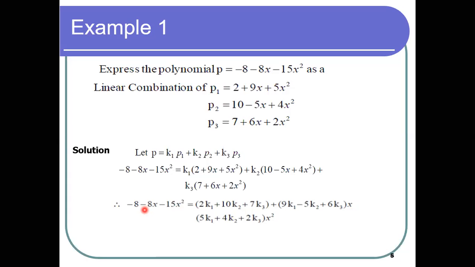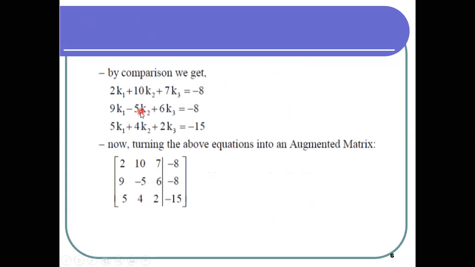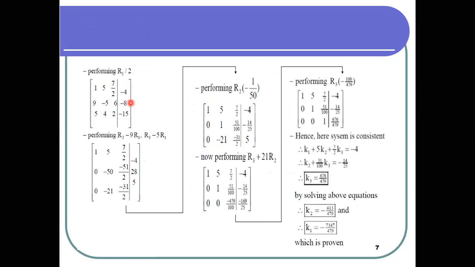We compare the like powers of x and get a system of equations in terms of Ki. I then transform this into an augmented matrix in order to find the solution, which is Ki. So I perform the row operations given over here in slide 7.